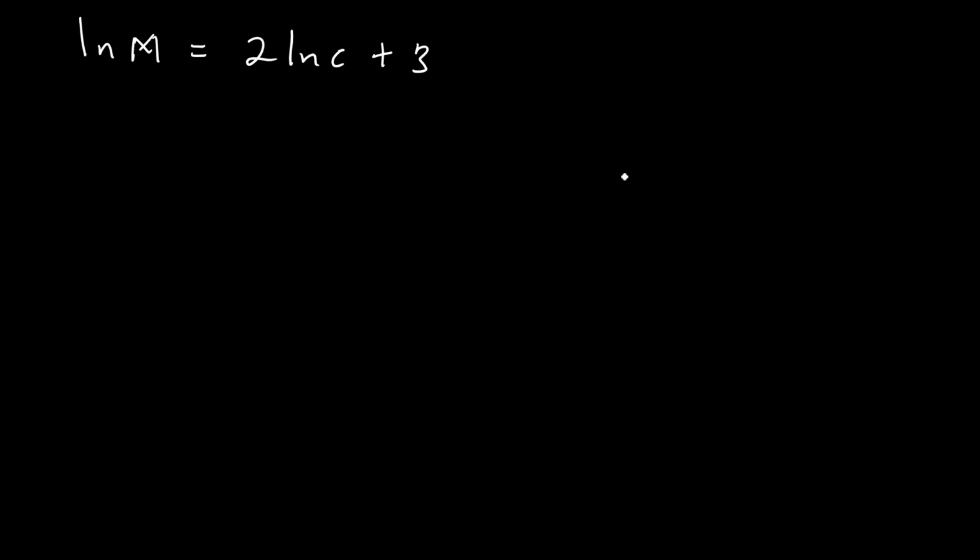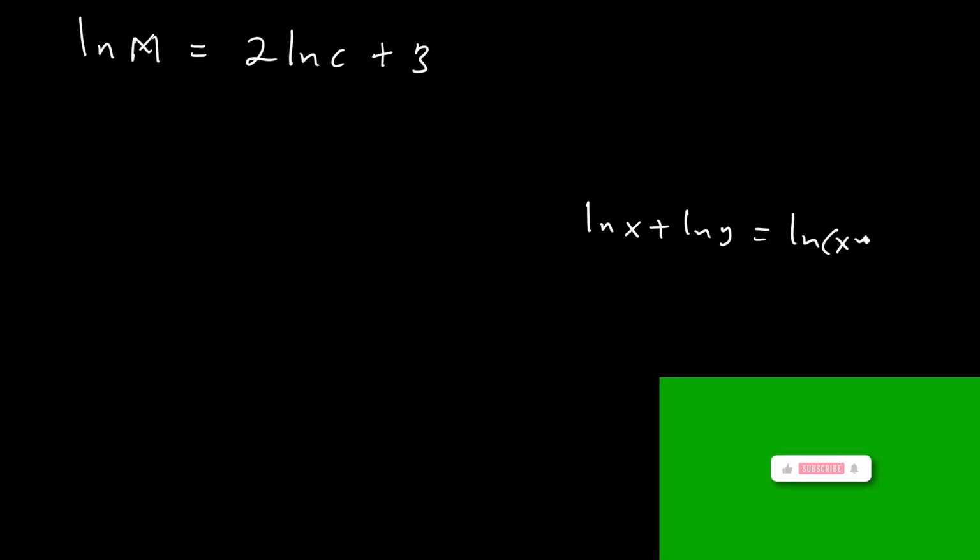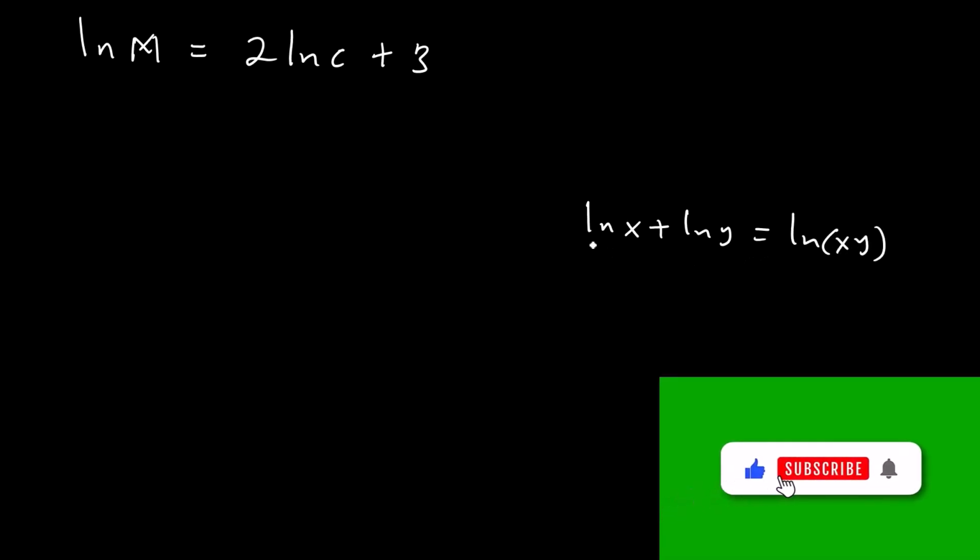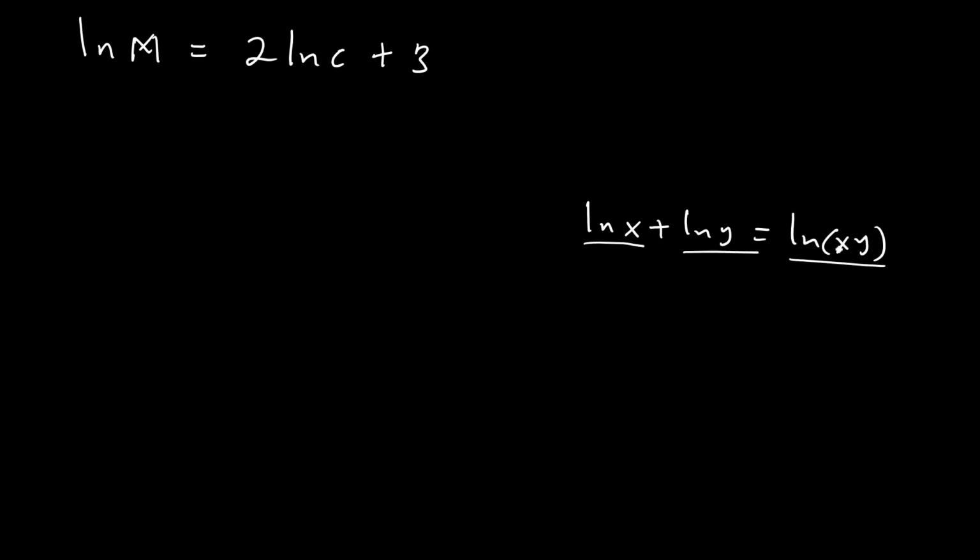Now in case we have, let's say, ln of x plus ln of y, the same as ln of x y. So natural log of x plus natural log of y is the same as natural log of x times y.